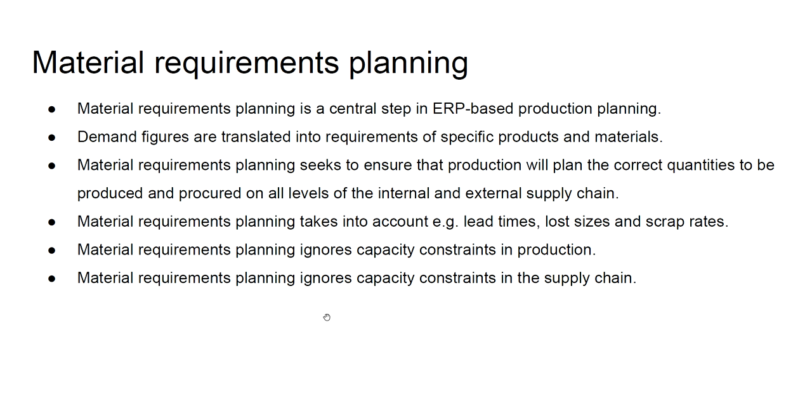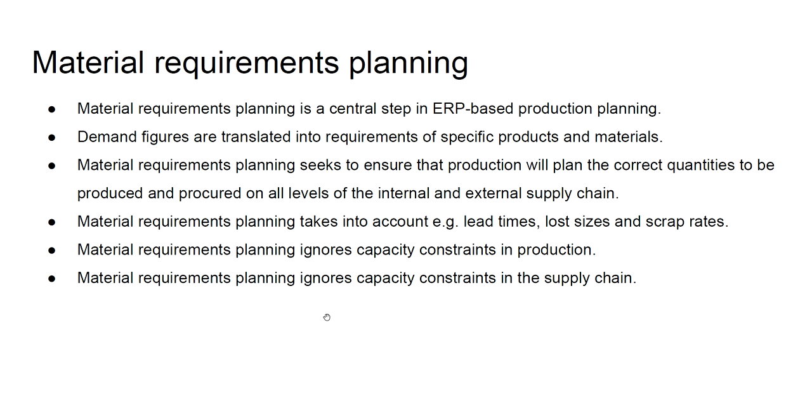Then the second step is material requirements planning, and this takes basically the sales orders and also the forecasted sales orders and translates them into a real requirement. So here, requirement refers to the requirement of finished product that maps to the sales orders that are forecasted, but also the requirement for all the assembly components and eventually also the raw material that is required to produce that finished product.